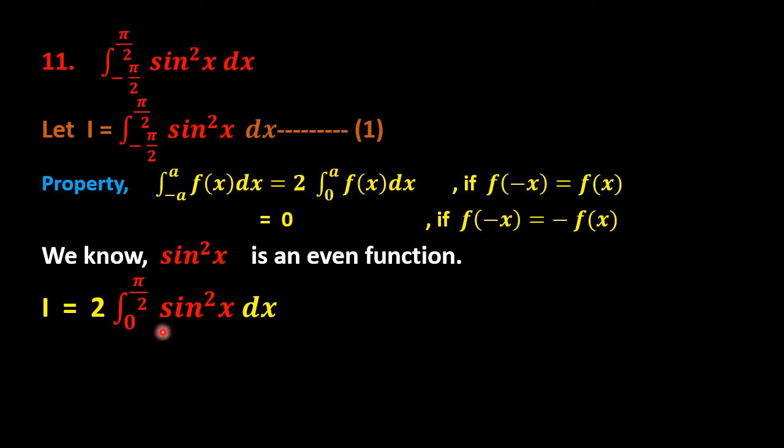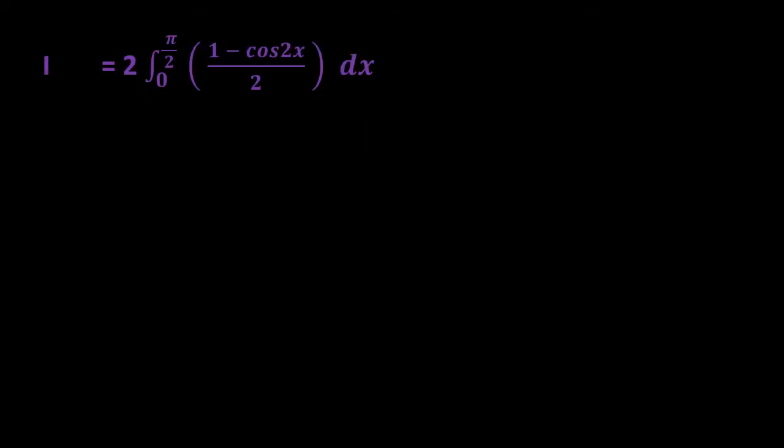Now we cannot integrate sin square x directly, so we use the trigonometric formula: sin square x equals (1 minus cos 2x) by 2. So we replace sin square x by (1 minus cos 2x) by 2. This 2 in the denominator and the other 2 will get cancelled, and it will be just the integration from 0 to pi by 2 of (1 minus cos 2x) dx.